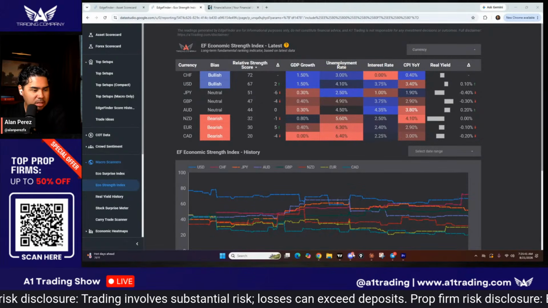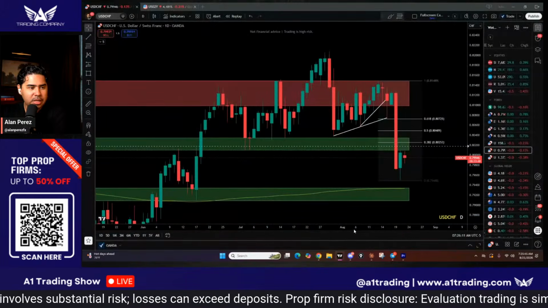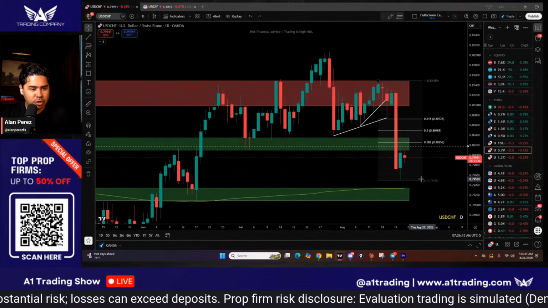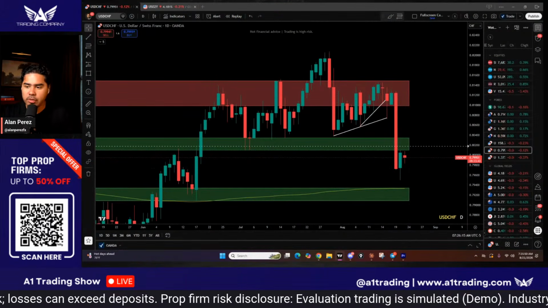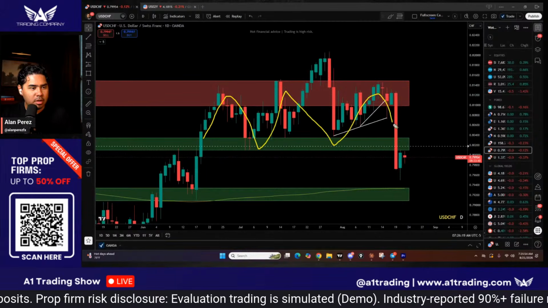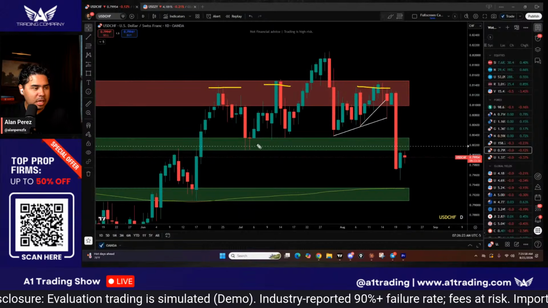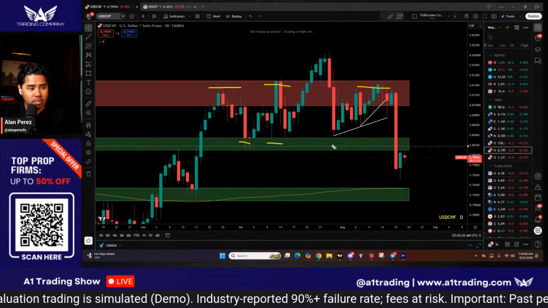So I like that. From a technical perspective too, this is what I like to see. This chart is very, very clean. With Swiss franc, you've had pretty much a range-bound chart. You have this level of resistance right here, very obvious, and then you also have this level of support as well.